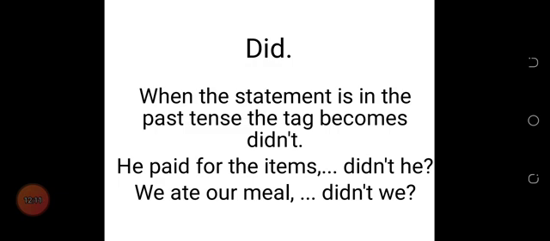So we said where the statement does not have an auxiliary verb or a modal verb, we introduce did if only the sentence is in the past tense. So it means that we should know the tenses of our verbs. Okay, so for the example we identify paid to be the word telling us the statement is in the past tense, so we introduce didn't. I hope that is clear.